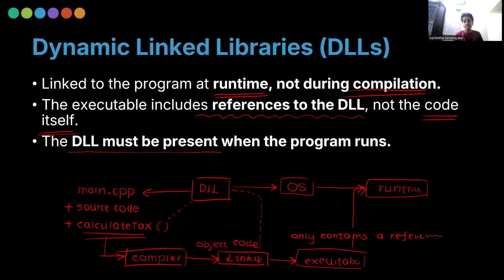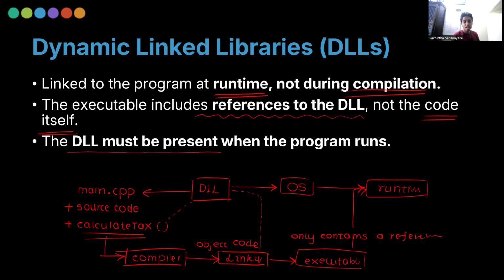So what happens is the linker has to take the responsibility of taking that object code and combining it with the DLL, but not combining it literally, just essentially creating a reference to the DLL by using some memory address or some kind of memory reference without actually copy-pasting the calculate tax function from the DLL into the final executable.